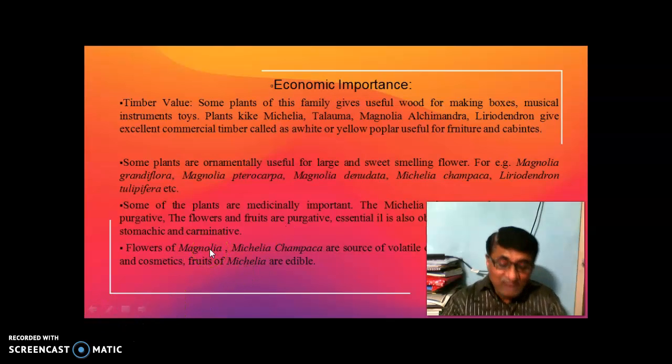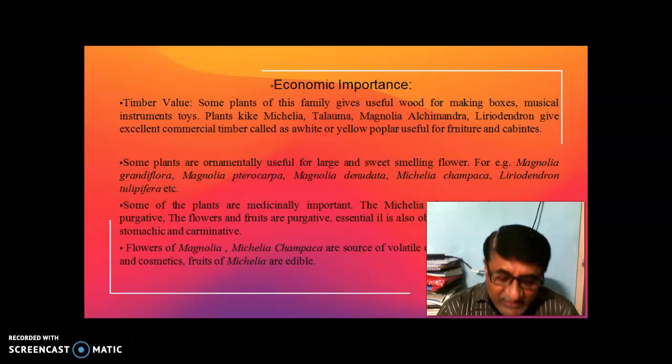The family Magnoliaceae is one of the primitive families. This primitive family shows the presence of plants at the beginning of the appearance of the angiosperms.